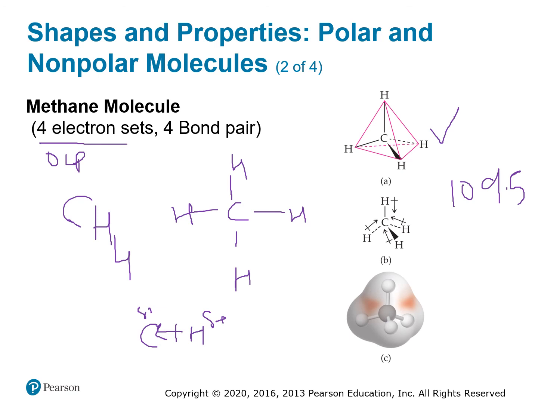So the carbon-hydrogen bonds are polar, but when they come together in this shape, they cancel each other out. This one cancels this one, and these two cancel. The polarities get cancelled, and that's why this molecule becomes non-polar. So methane is non-polar.